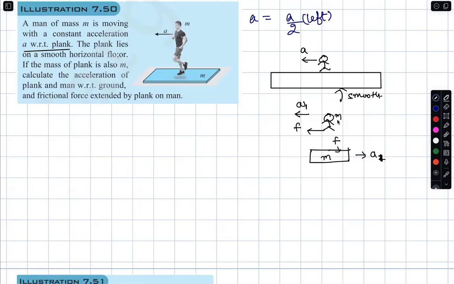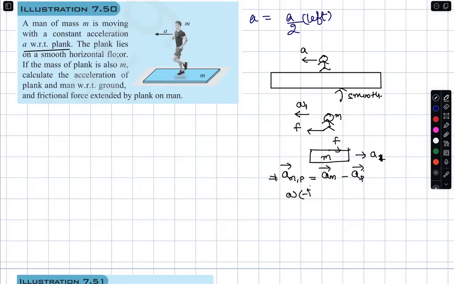When force F acts on M giving A1 acceleration, the same force acting on a similar mass gives the same acceleration, but in the direction opposite to the action of the force. So the acceleration of the man with respect to the plank is the acceleration of the man minus the acceleration of the plank. You have given this as A.